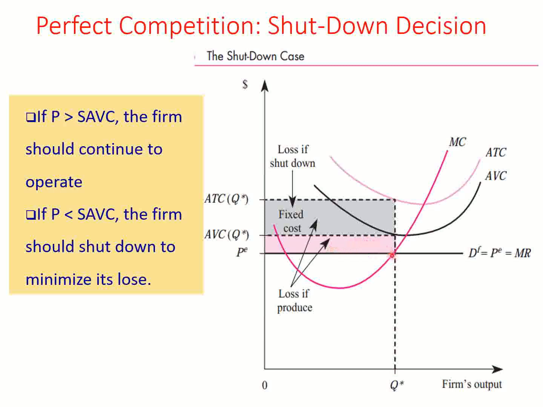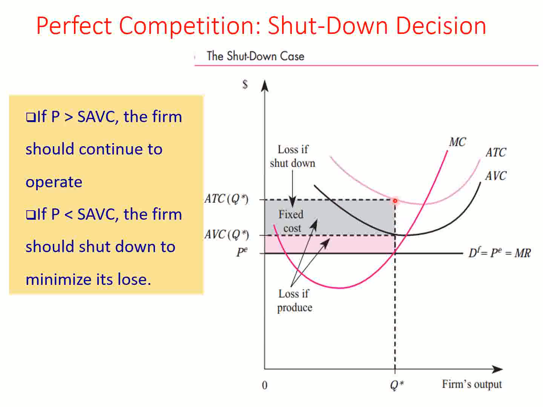And here, this one is the average total cost, and this one is the average variable cost. So this is the point of shutdown. Loss if shutdown.